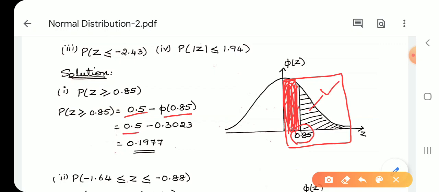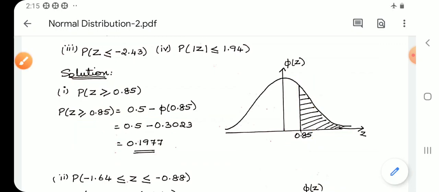So 0.5 minus phi of 0.85, using the normal probability table, if you find the value of 0.85, you get 0.3023. So 0.5 minus 0.3023 gives 0.1977. So this is the answer for P of Z greater than or equal to 0.85.